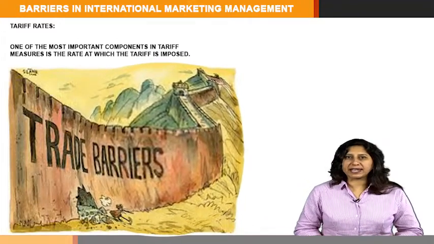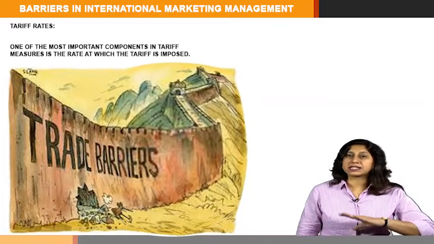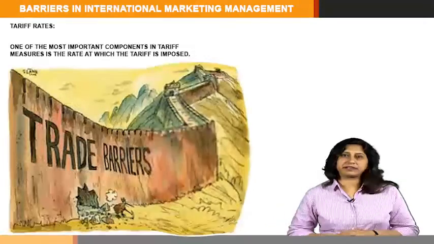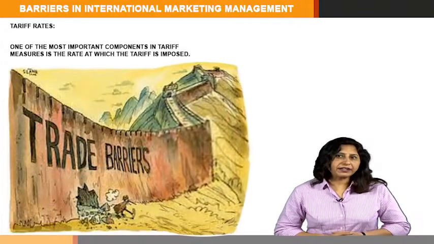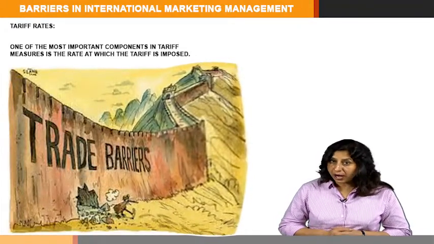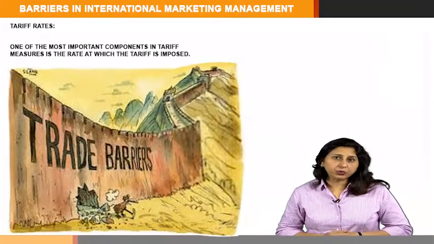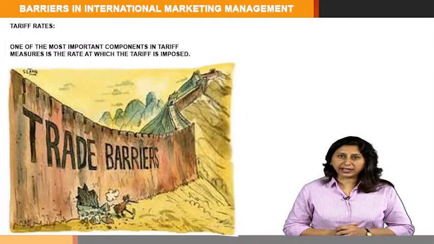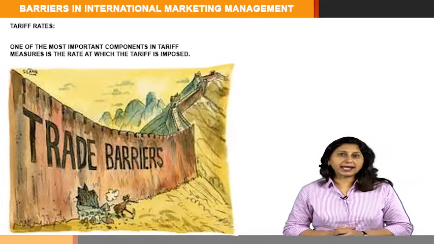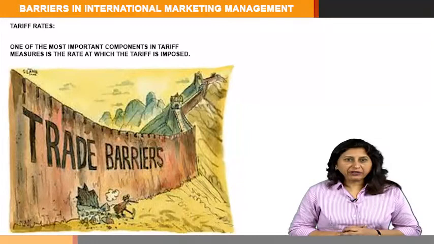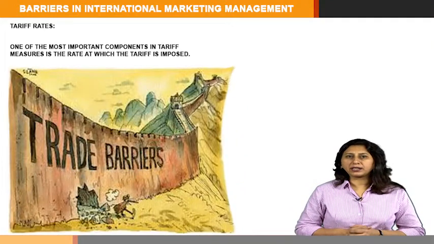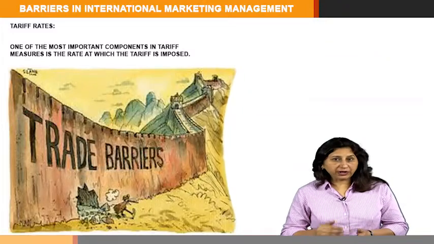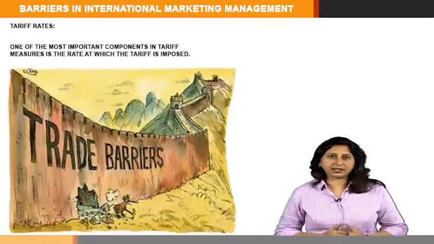Since 1947, the GATT has been the standard bearer in an ongoing process of reducing tariff levels. During tariff negotiations, known as rounds, the most recent of which was the Uruguay Round, countries set ceilings on their tariff rates. This is known as the bound rate and refers to the highest allowable rate, in contrast to the rate that is actually applied, which is referred to as the effective rate.